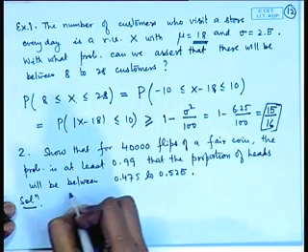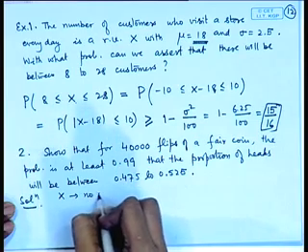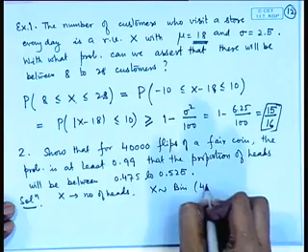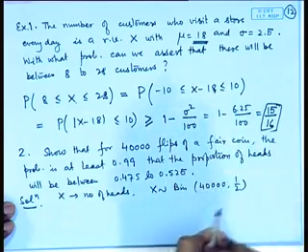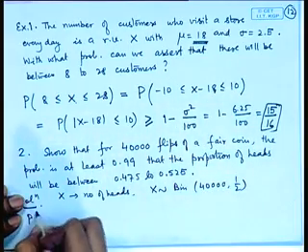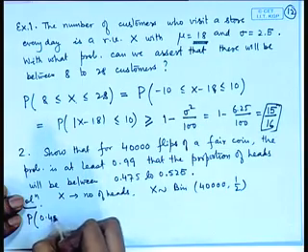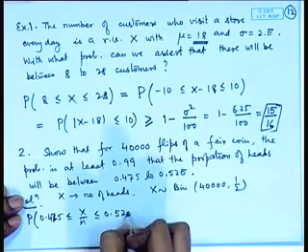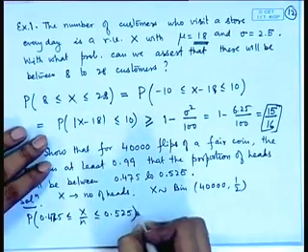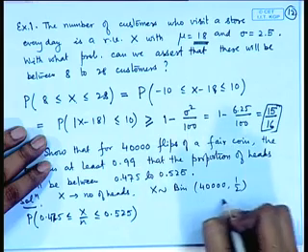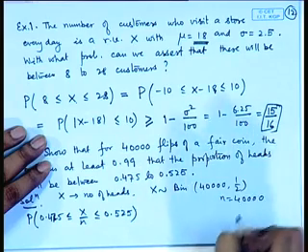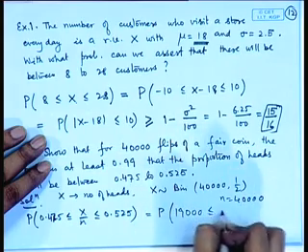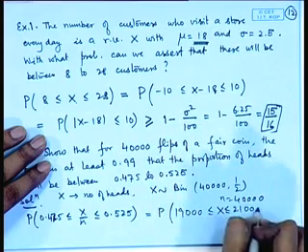So, here if we consider x to be the number of heads, then x follows binomial 40,000 and half. We are interested in probability of x by n lying between 0.475 to 0.525. Now, n is here 40,000. So, this is equal to probability that x lies between 19,000 to 21,000.